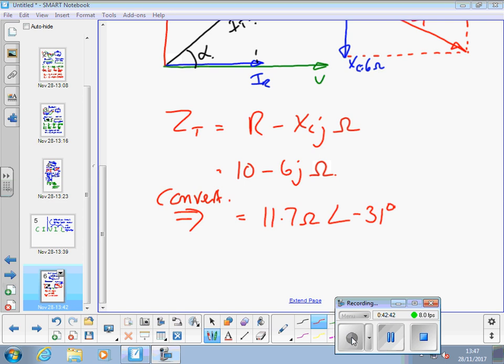So that, after conversion to polar form, we got a total impedance of 11.7 ohms at angle minus 31 degrees. Negative angle seems to be right because we're talking about a capacitive circuit. Negative angle for the impedance.